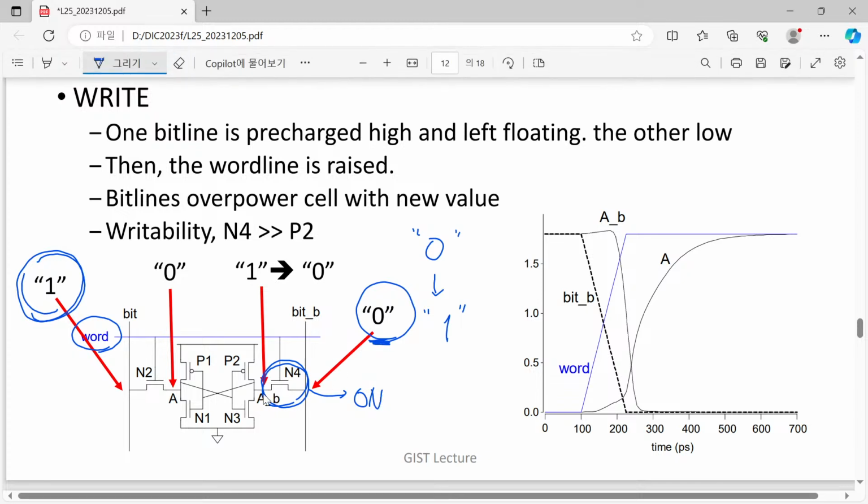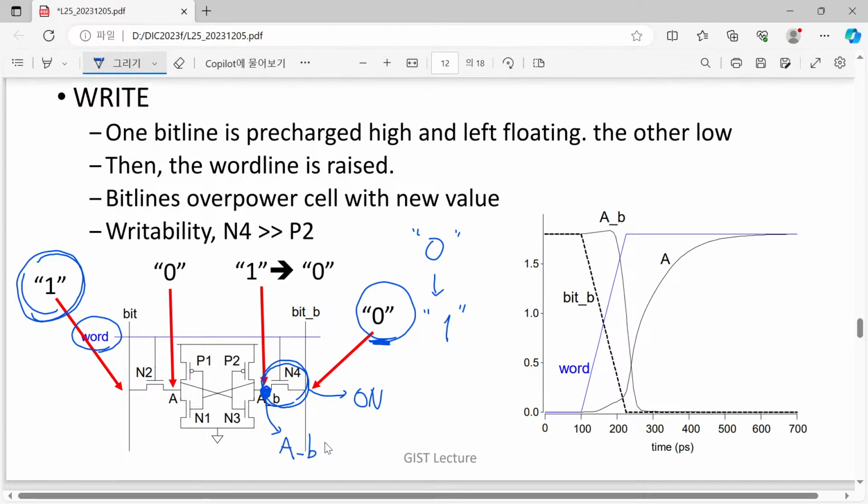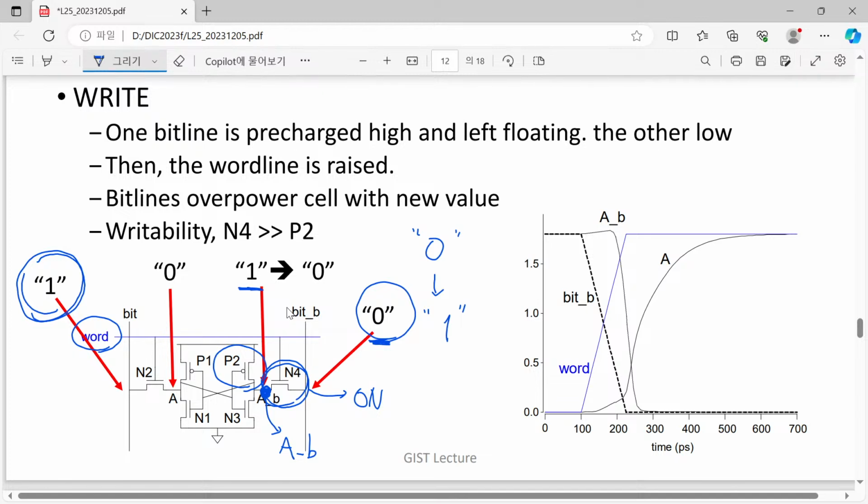Therefore, this N2 device tries to pull down the value of our storage node A bar. Of course, this is counterbalanced by our P2 device, which always tries to keep it at logical value 1.